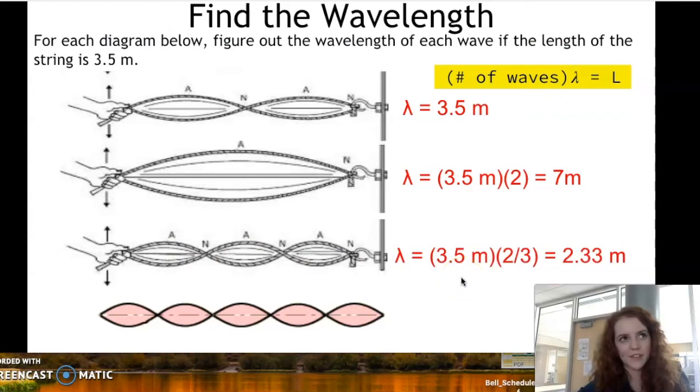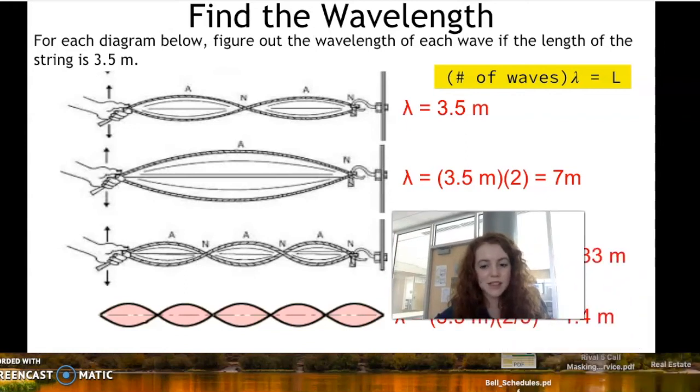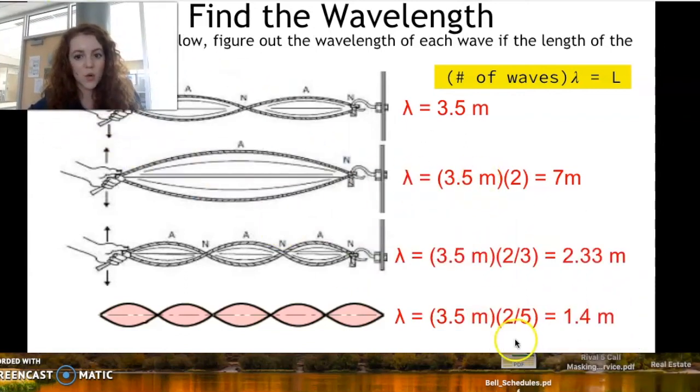Instead of 3.5 and 3 halves, it'd be 2/3. And then this one, we've got 1, 2, 3, 4, 5 wave bubbles, which means 2.5 waves. So that means our wavelength will be 3.5 meters times 2/5, or 5 halves times wavelength equals 3.5. Solve for wavelength.